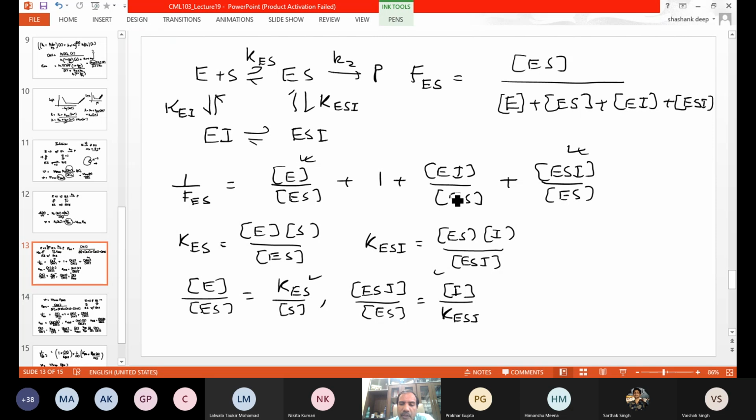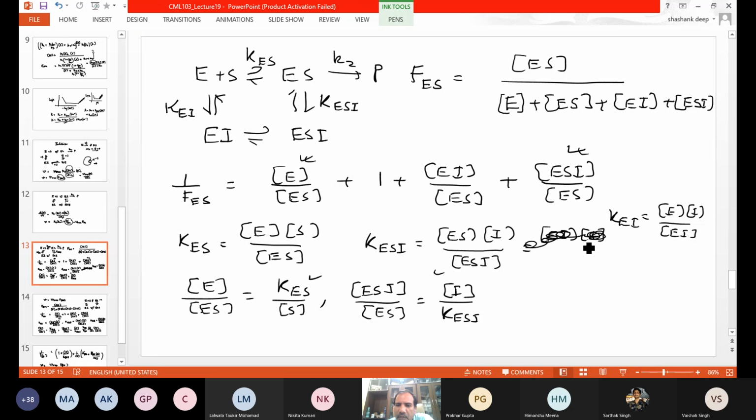So EI by ES you have to find out. This can also be written as EI into S by ESI, or you can simply leave it. You have a KEI also. What is KEI? KEI is equal to E into I by EI.